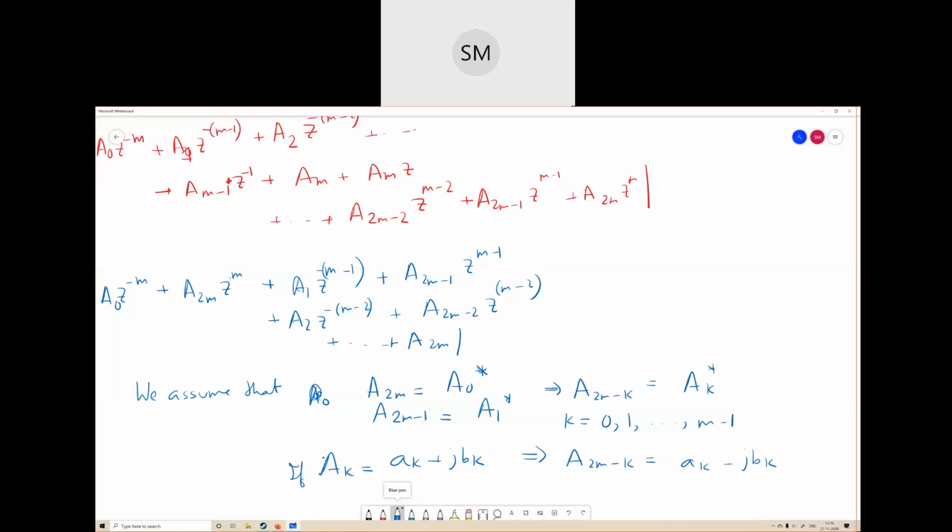We assume this for our convenience, that the two extreme array elements are complex conjugates, then the next two extreme elements are also complex conjugates, and so on.